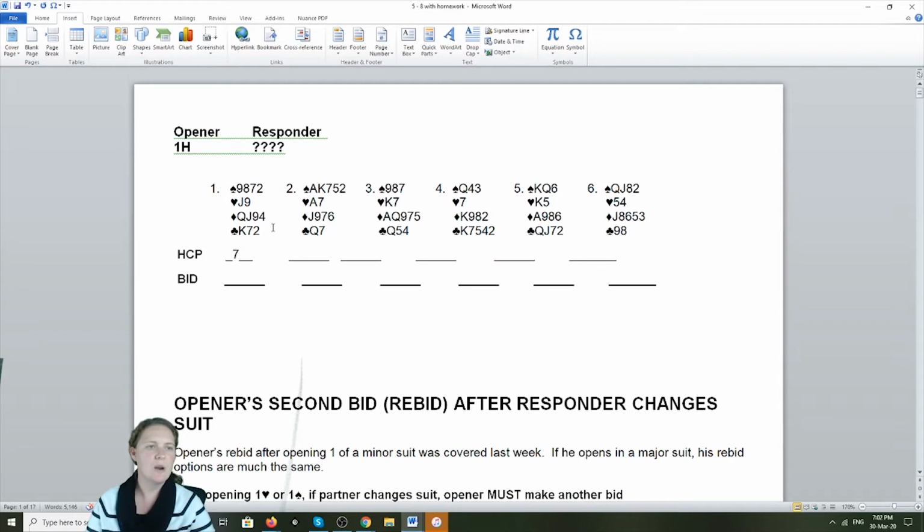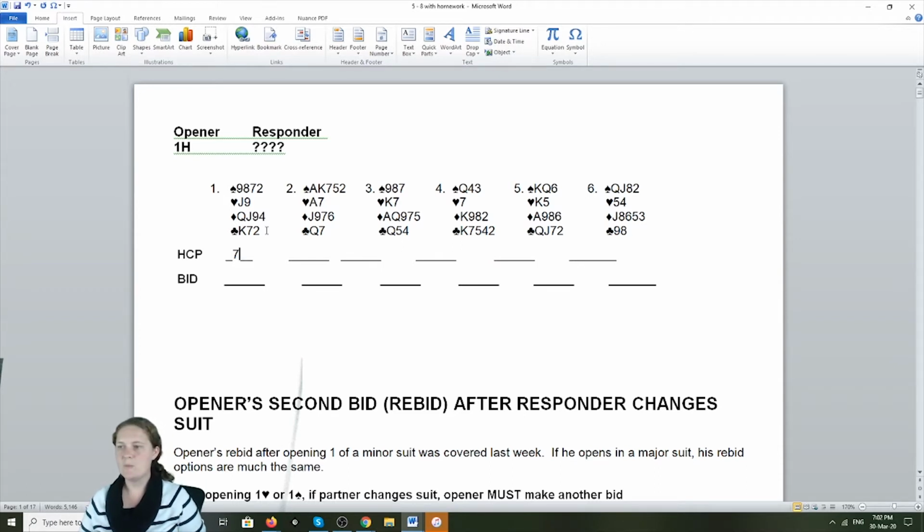Now, in terms of what I can bid, the best way of summarizing the rules that you've been given in that top part is that with only 6 to 9 points, you can only make a bid at the 1 level. If partner started off with a bid of 1 heart, my only 2 bids available are going to be 1 spade and 1 no trump.